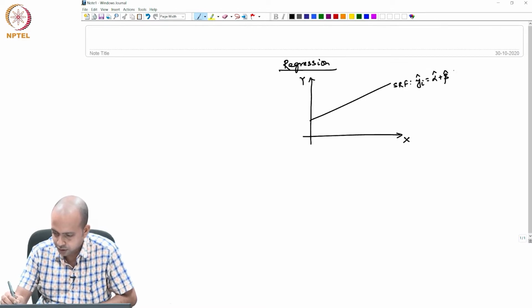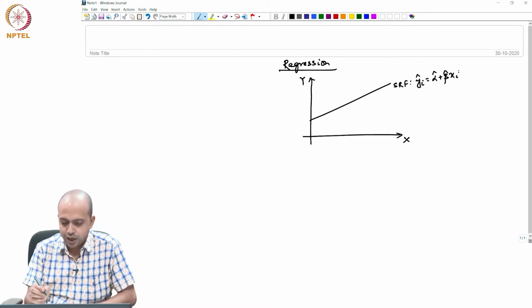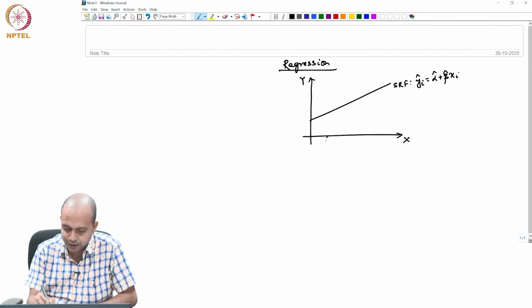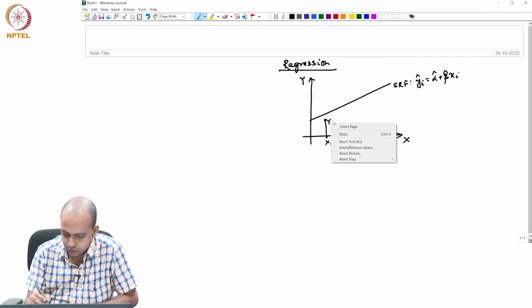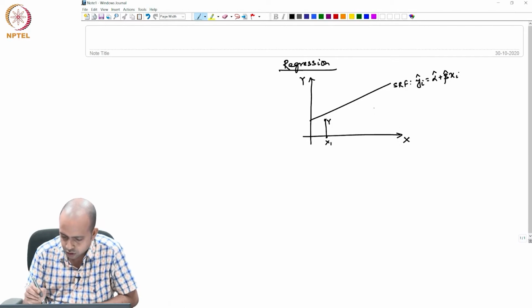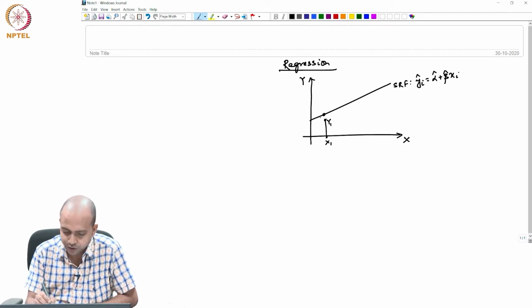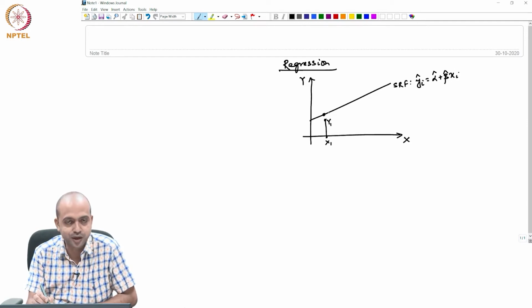And then we say that for any given value of x, let us say this is x1, then your observed y i is, let us say here, this is y1, but your model says this is your predicted value. So, that means this gives you the difference between this y i and y i hat. This is your error term, so you can say that this is u1 hat.